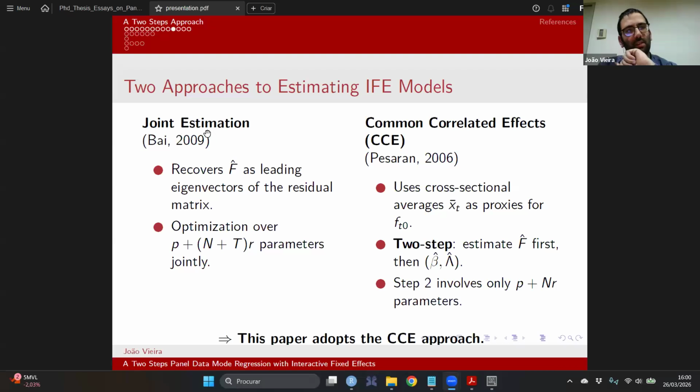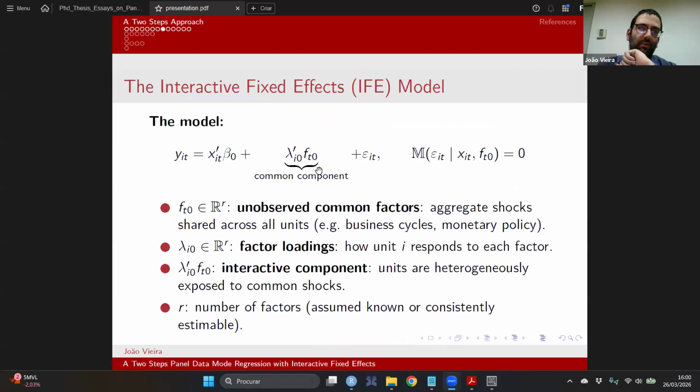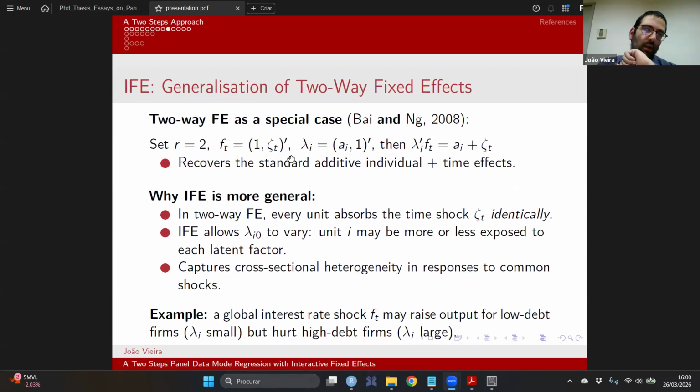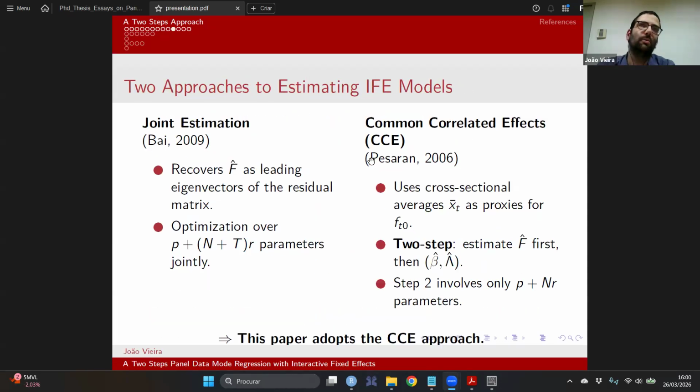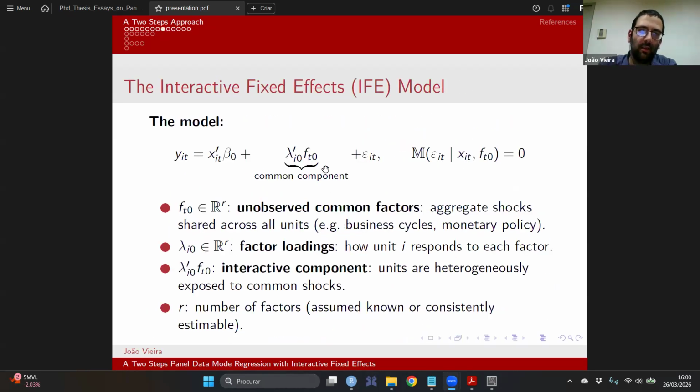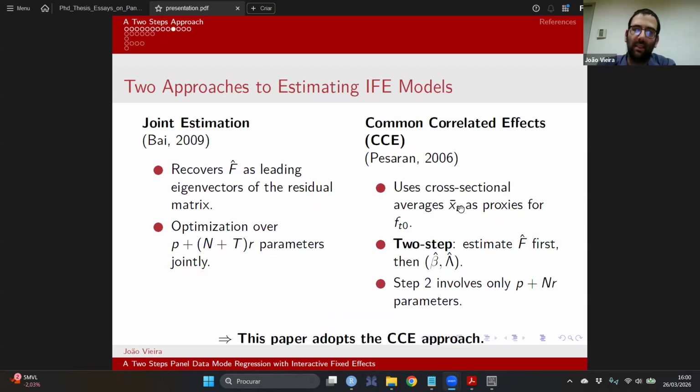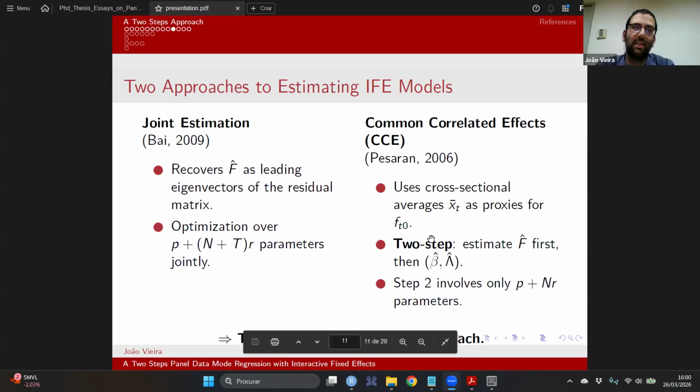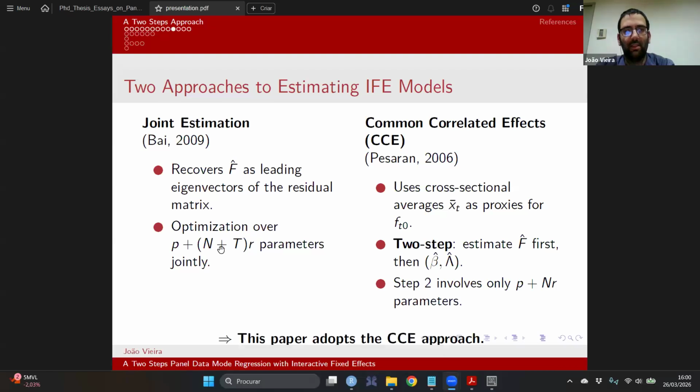You could do the joint optimization, so we basically try to retrieve all these parameters in one go, or we could first find the common factors, then optimize for beta and the loadings, and then obtain the rest of the parameters. This is easier computationally, mainly because instead of estimating this number of parameters, the T dimension disappears because we did it in the previous step.